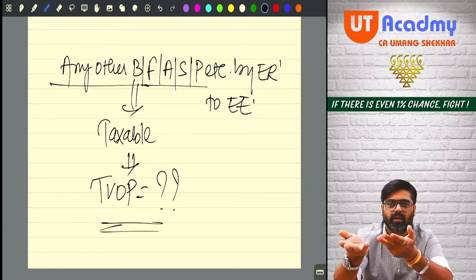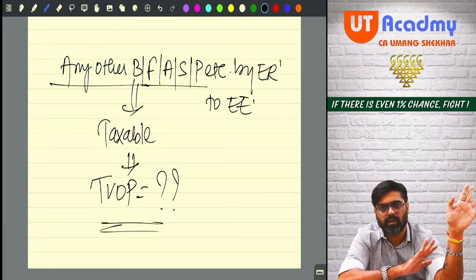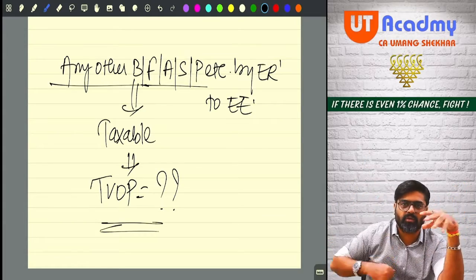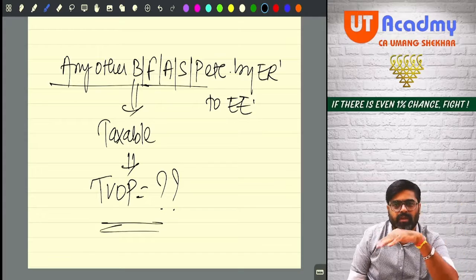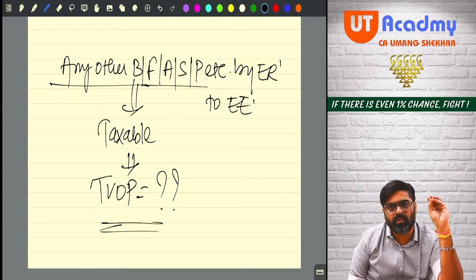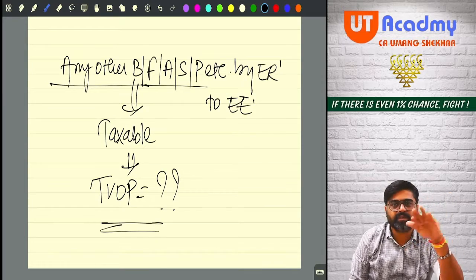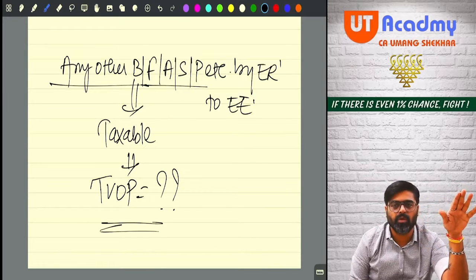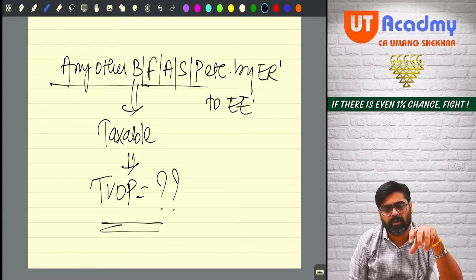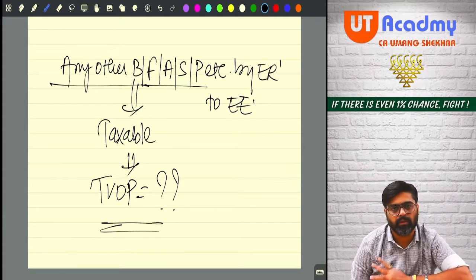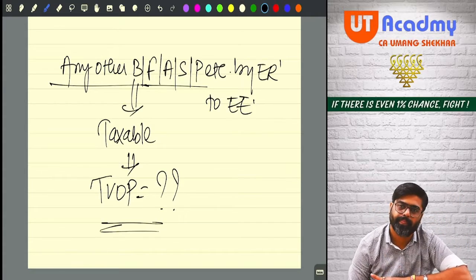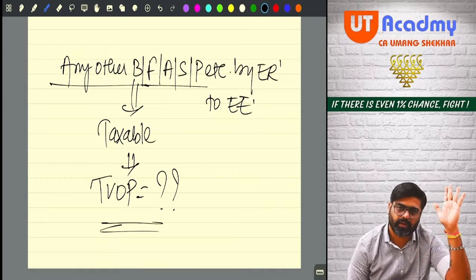Any other benefit if you see, which was not listed above. So now what will be the value? Rule 3, sub-rule 7 says that now the value will be the amount actually spent by the employer to give you such benefit. Yes or no? Minus if he is taking any amount from you, reduce that amount. The balance which will remain, that will be your taxable value. That's it. Done? Clause 8 perquisite done.